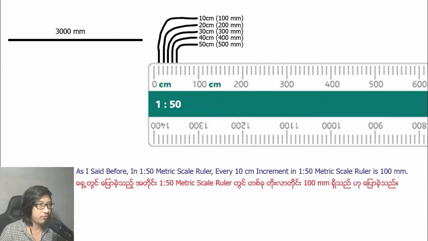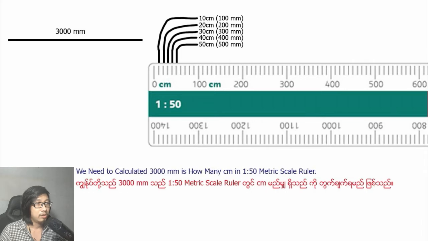As I said before, in the 1:50 metric scale ruler, every 10 centimeter increment is 100 millimeter. We need to calculate how many centimeter 3000 millimeter is on the 1:50 metric scale ruler.